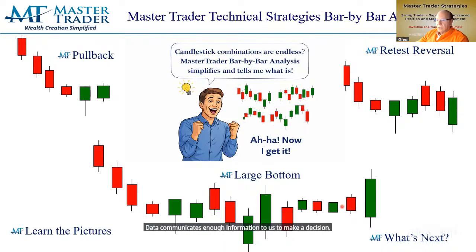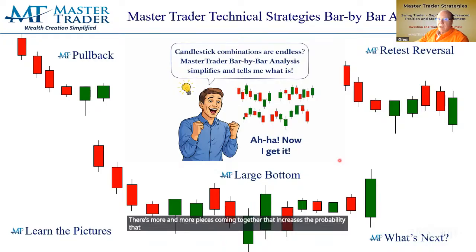Now, the stronger the trends, the more there is multiple time frame alignment, the more a sector is in favor and it's moving with the markets, there's more and more pieces coming together that increases the probability that we're going to have a profitable trade.